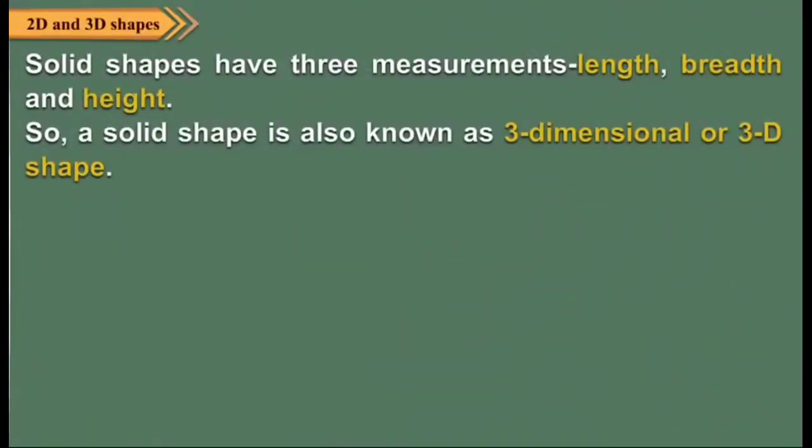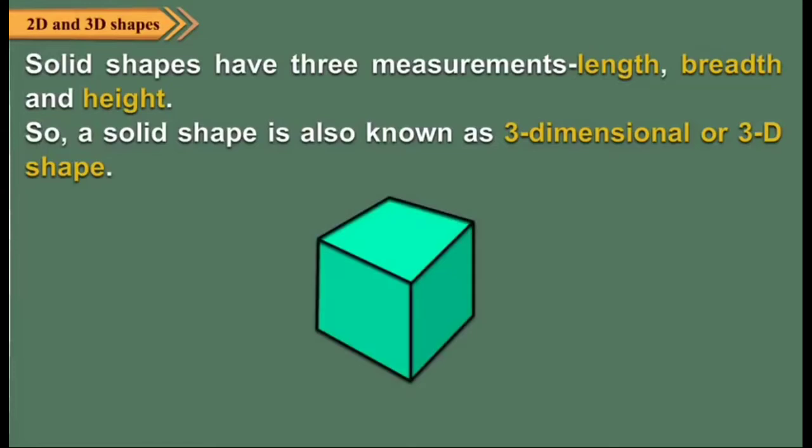Children, now let us know about some solid shapes. Solid shapes have 3 measurements: length, breadth and height. A solid shape is also known as 3-dimensional or 3D shapes.